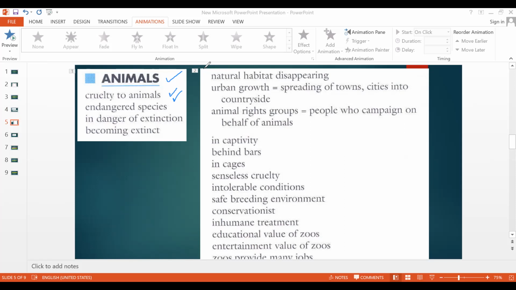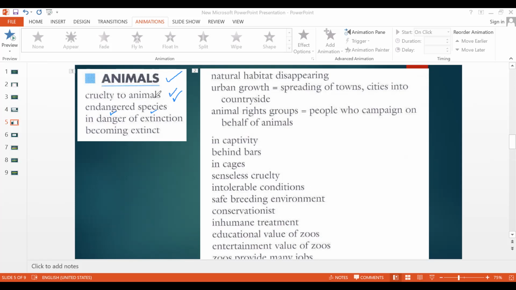Currently, two animals endangered species in danger of extinction, becoming extinct. Wait. Look here, brothers. Once we read some words that are related technically and scientifically to animals, like endangered and species. These words are related to the animals.